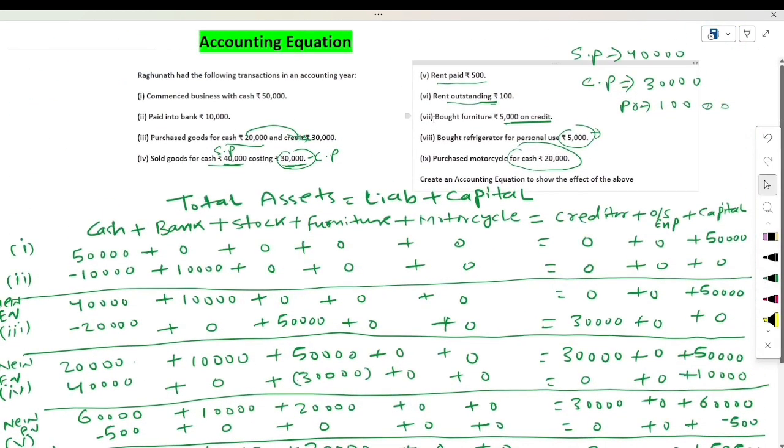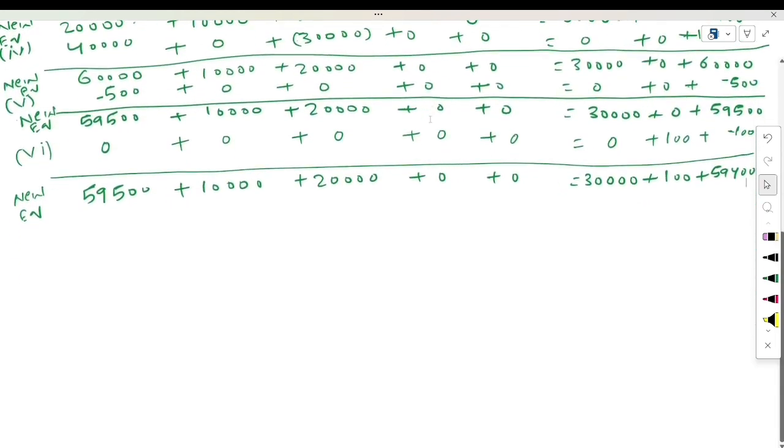Now come to the next transaction. How much? Bought furniture 5,000 on credit. He is purchasing furniture, how? By credit. So this transaction number 7 is here. Cash no impact. Here bank balance no impact. Here stock no impact. This is the head of furniture.